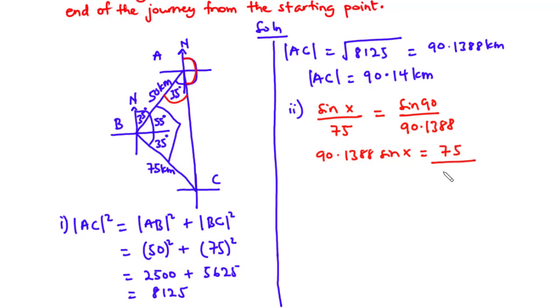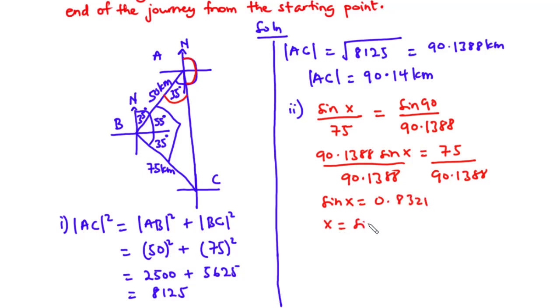And then we divide through by 90.1388, and then we have sine X equal to 0.8321. So X is equal to sine inverse of 0.8321, and then we have X to be equal to 56.3 degrees.